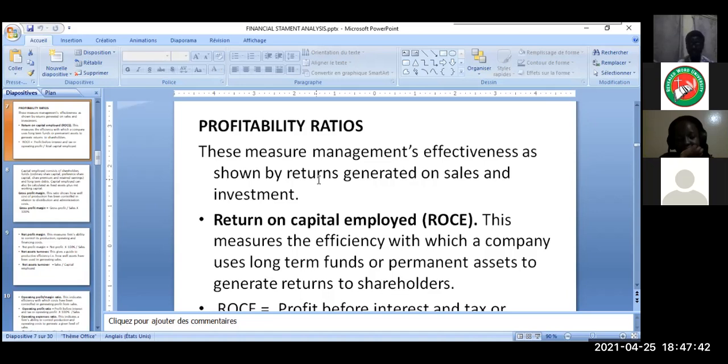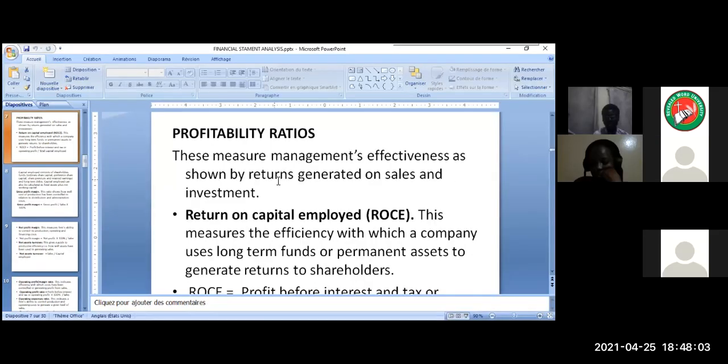Now for profit organizations, we saw two objectives. First one is profit maximization and the second is wealth maximization. Profit maximization mostly concerns managers, while wealth maximization mostly concerns shareholders.